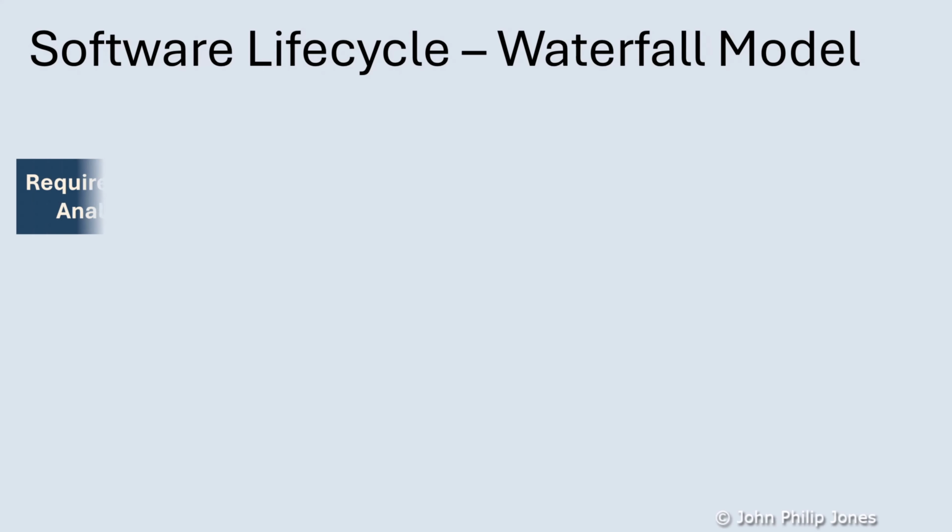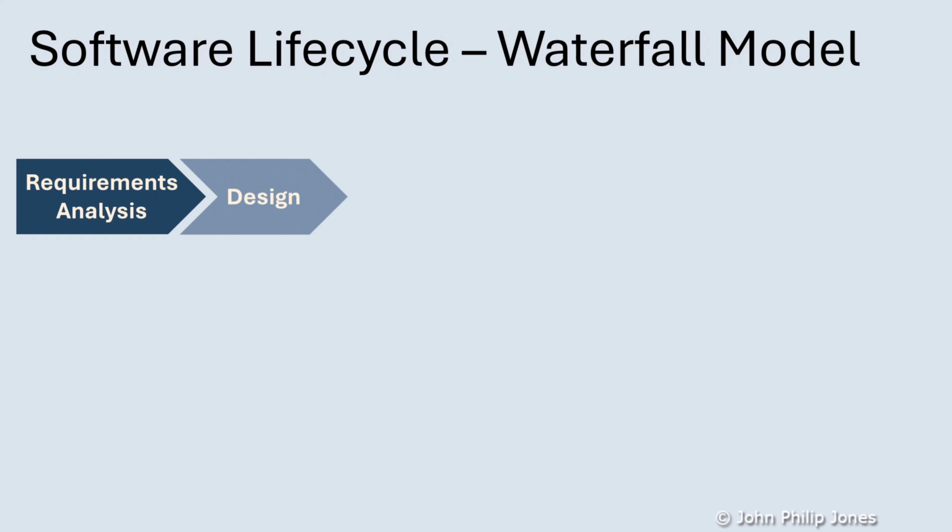This is where we start off doing requirements analysis, which involves interviewing the stakeholder and gathering the requirements for the proposed system. The output from this phase is a requirements analysis document, which is then used in the design phase by the designers.